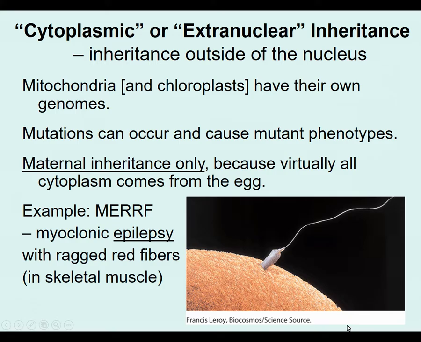There aren't very many disorders that are associated with alleles on the mitochondrial chromosome because, as you can imagine, a defective mitochondrial chromosome is going to be very lethal to a cell. Defective cellular respiration is ultimately what we're talking about. But there is a disorder called MERRF. It's pretty rare, but it's myoclonic epilepsy with ragged red fibers, and it has to do with a defective mitochondrial gene.